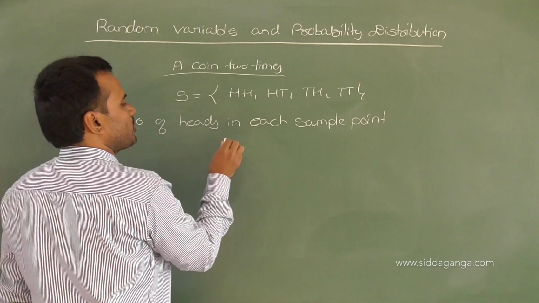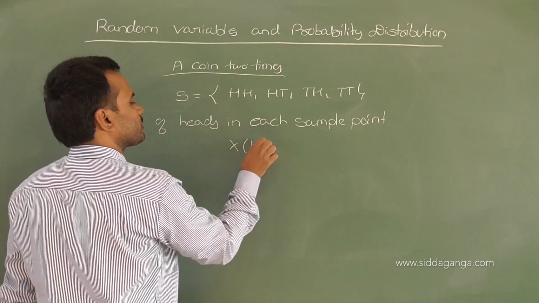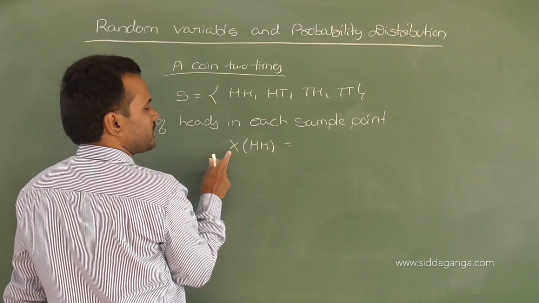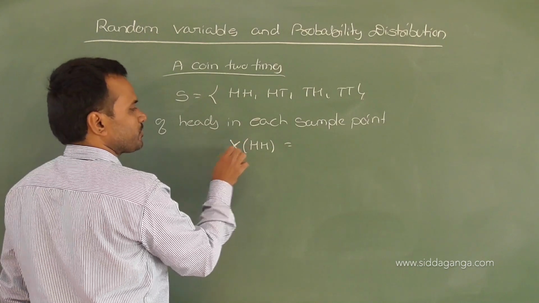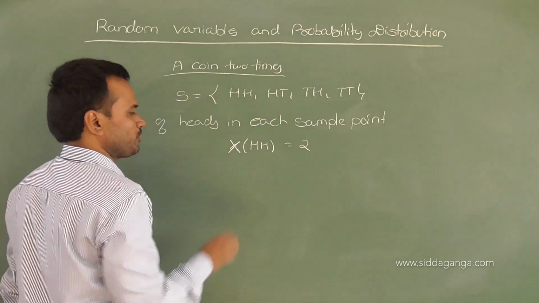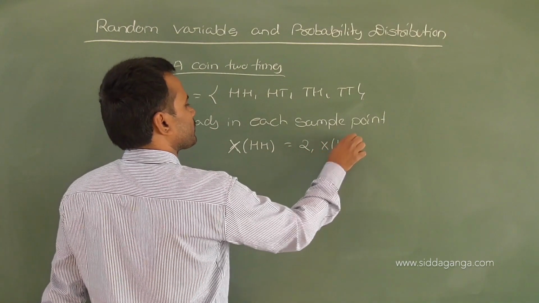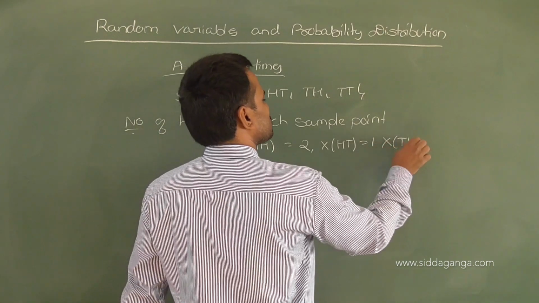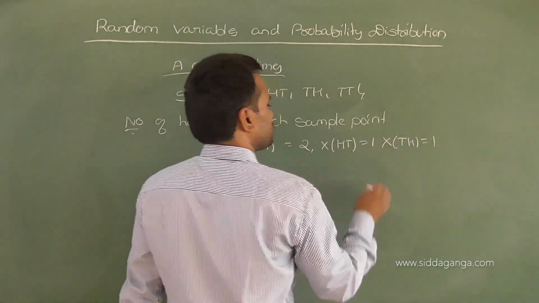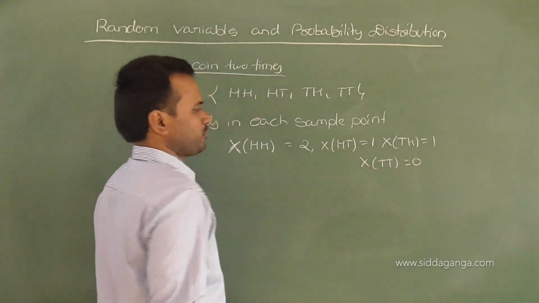For the first sample point, that we denote by capital X, the number of heads is 2. The next is 1. Next is 1. Next, the number of heads is 0.